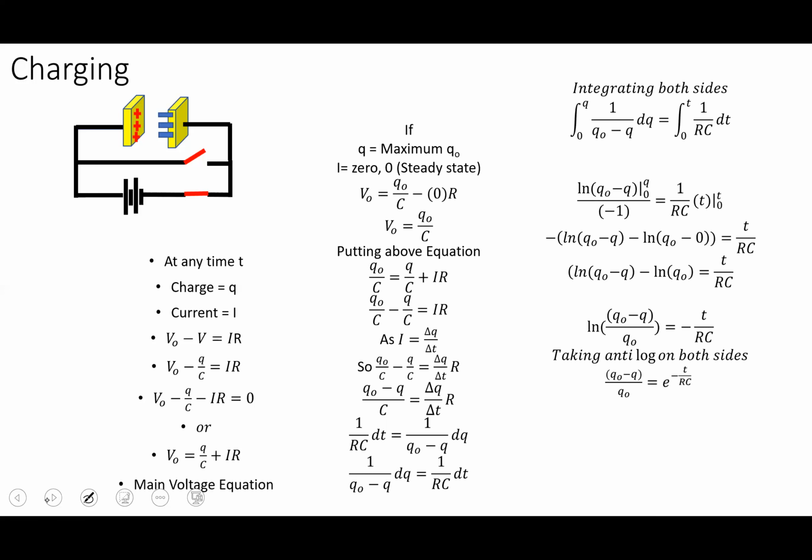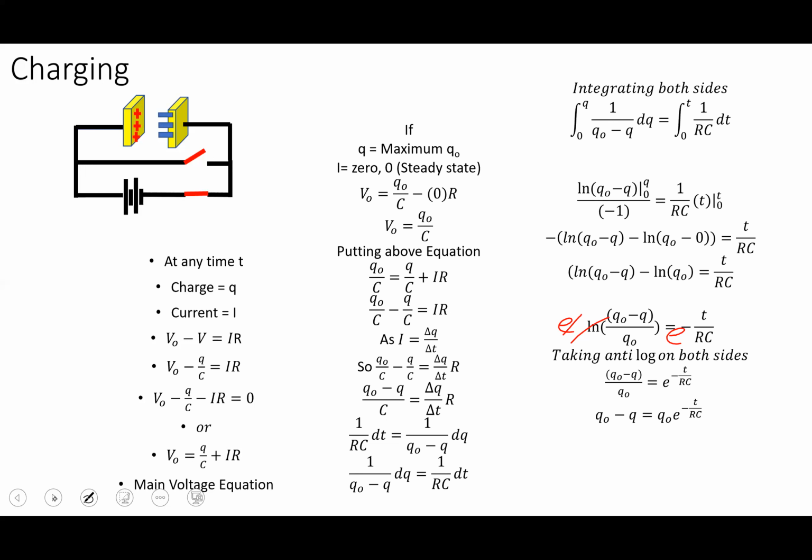Now, if we take the anti-log on both sides, that means e over here as well as e over here, so this e and this natural log cancel out. What we are left with is Q naught minus Q divided by Q naught is equal to e raised to the power minus T over RC. And we can represent it as Q naught minus Q is equal to Q naught e raised to the power minus T over RC.